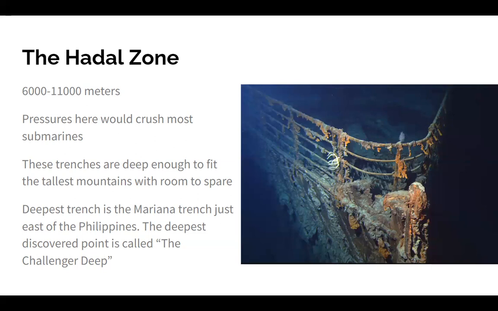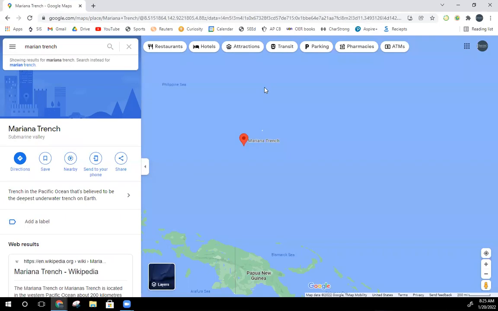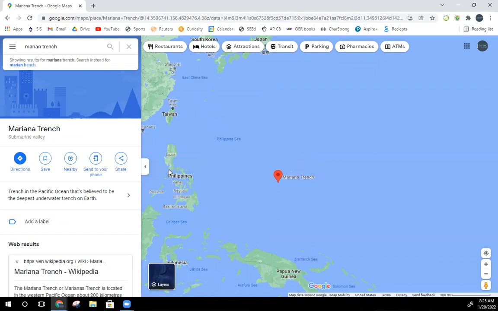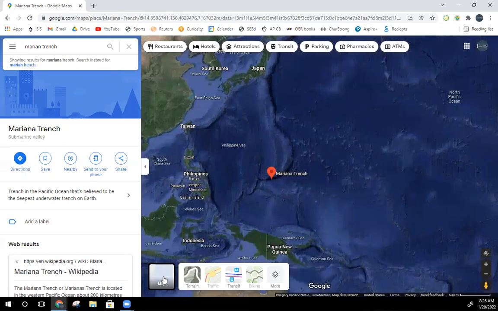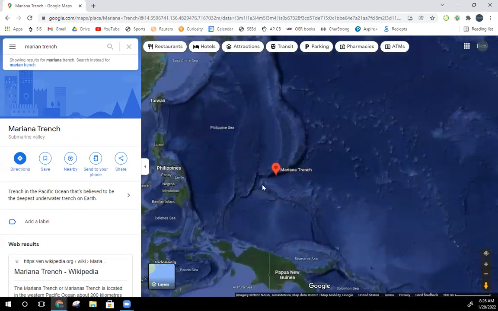Let me just pull this over here. Mariana Trench, oh boy. North of Papua New Guinea, off the east coast of the Philippines. You can see it here.